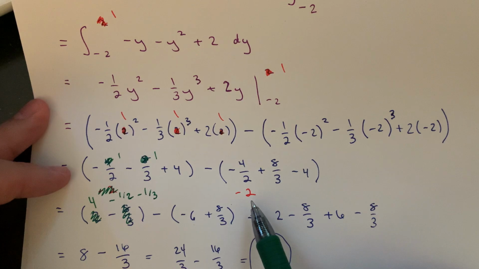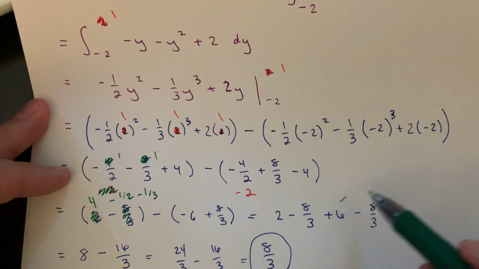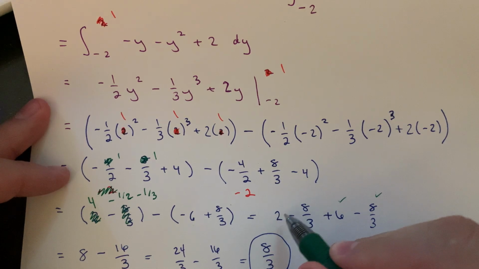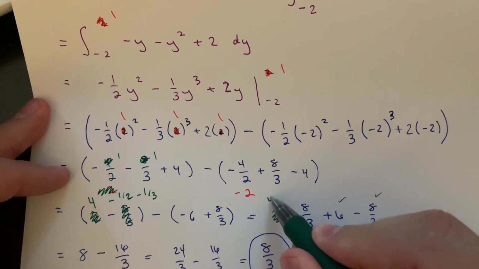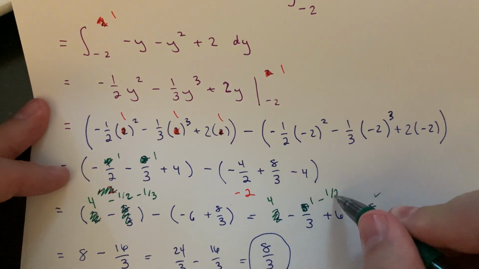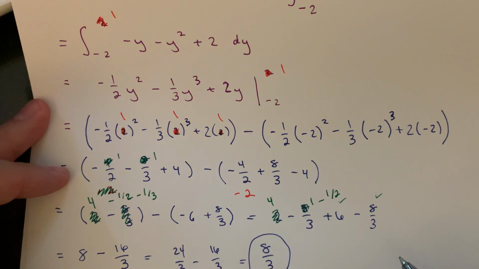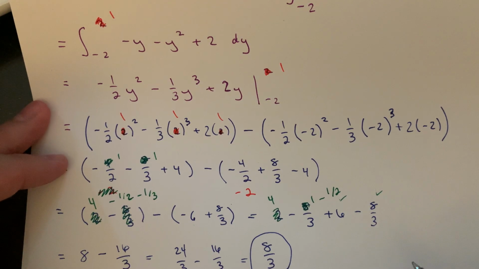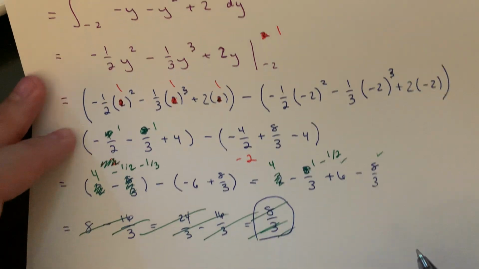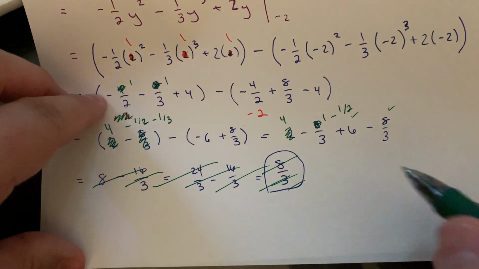Negative 2 goes in, so then that's going to be a minus 2 plus 8/3 minus 4. So that's like a minus 6, but then it's a plus 6, and it's minus 8/3. So what did we say? This is 4 minus 1/3, but then also minus 1/2. So what is that? 10? Oh my gosh, these last couple videos are just a little cursed today.